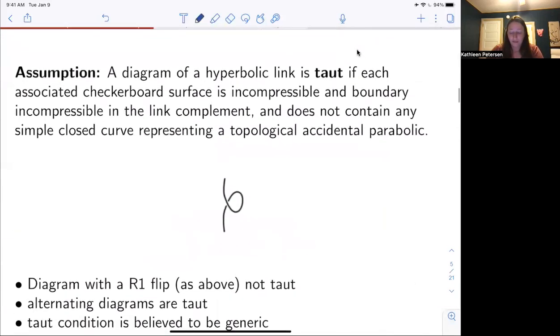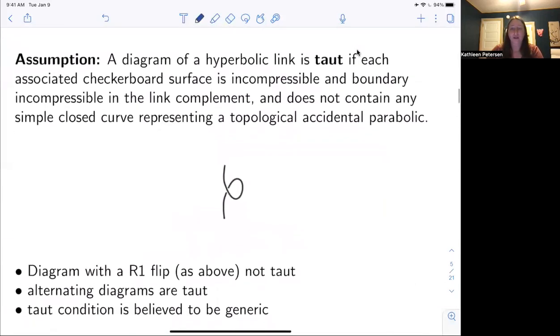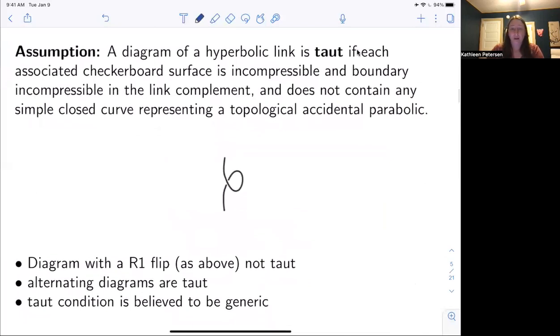So I said that there is a mild assumption, and our assumption is that our knot is taut. So the technical definition is here. The associated checkerboard surface is incompressible and boundary incompressible, and it doesn't contain an accidental parabolic. So we believe this taut condition is generic.